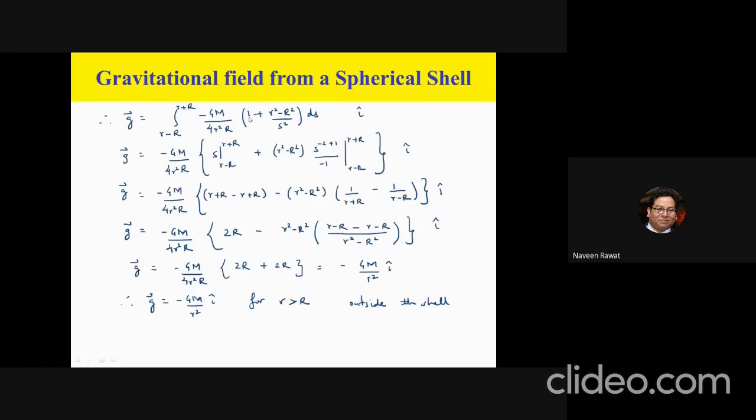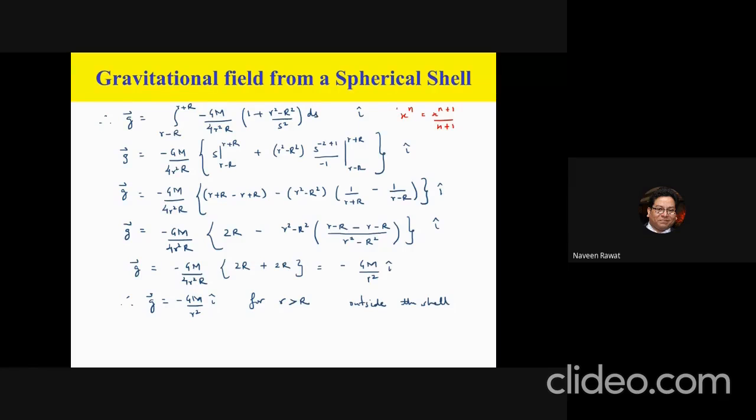First term is just 1, so I get just s, and I have to apply the limits r minus R to r plus R. Second expression, r squared minus R squared is constant, so it just stays as it is. I have 1 over s squared, so that is s raised to minus 2. I'm integrating x raised to n, so I get x raised to n plus 1 divided by n plus 1.